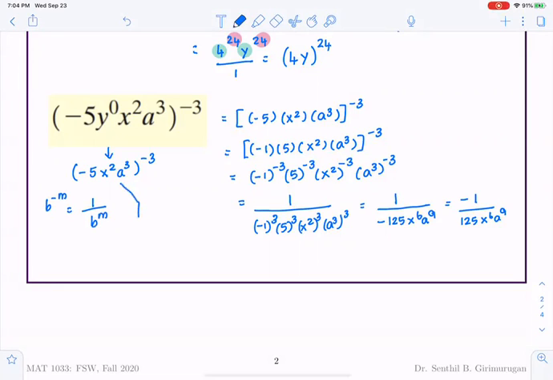So I could write that as 1 over negative 5 x squared a cubed raised 3. Which would simply take us to that step directly. So it depends on how you use the rules and where you apply them. So the easier approach would be the one that I showed later.